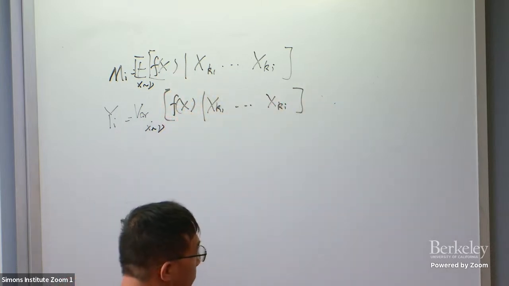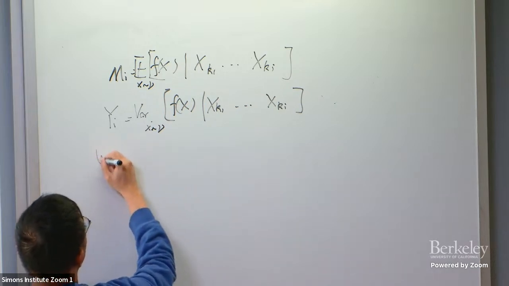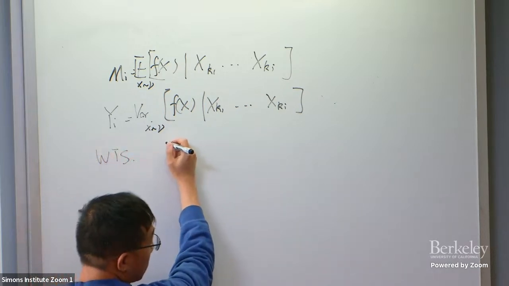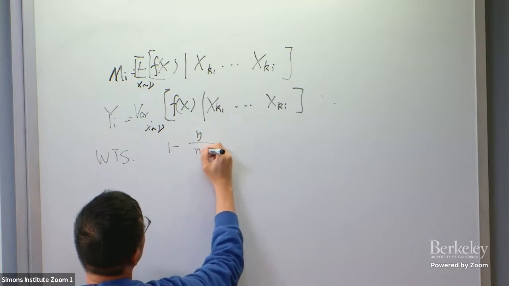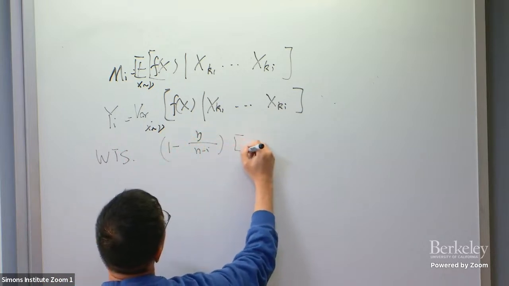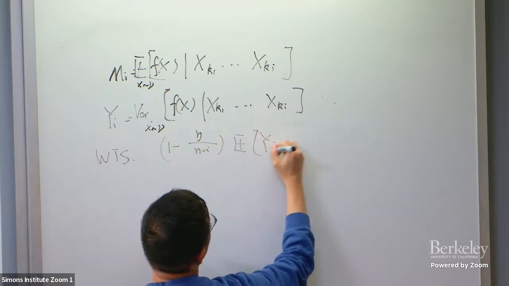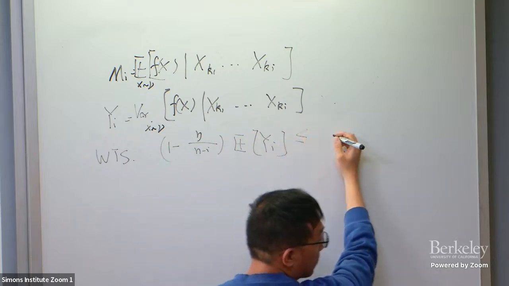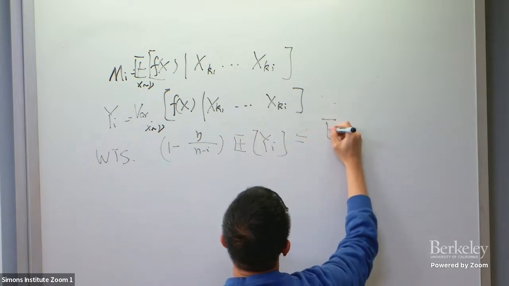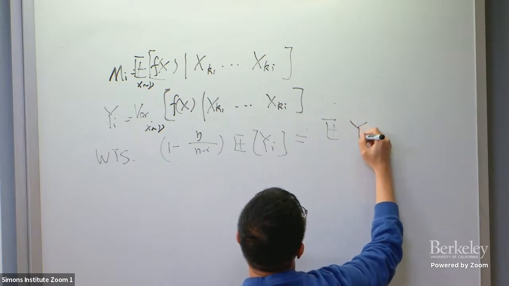And the inequality you want to prove is that you want to show that 1 minus eta over n minus i times the expectation of yi is lower bounded by the expectation of yi+1.